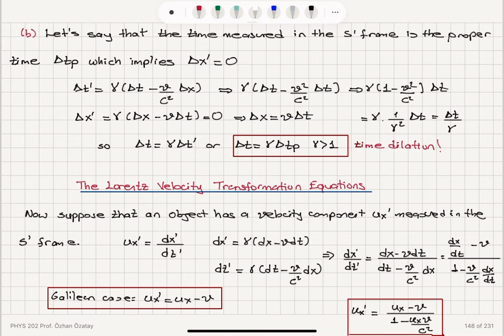For dx prime you substitute gamma times dx minus v dt, and for dt prime gamma times dt minus v over c squared dx. Gammas cancel, so taking dt out in parentheses we obtain ux minus v over 1 minus uxv over c squared. For the Galilean case, v is much less than c, and we have ux minus v.